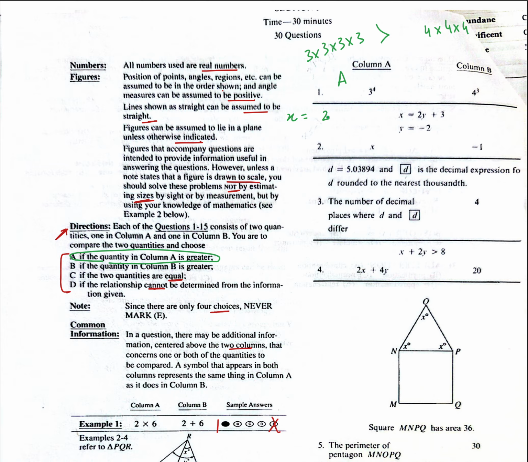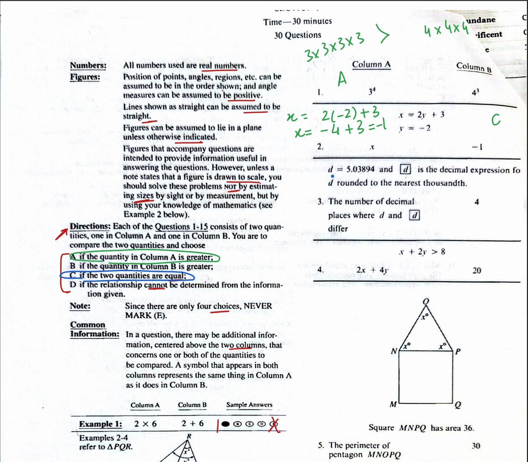So instead of y, I'll write -2: 2 times -2 is -4, plus 3, that would be -1. So x is -1, and so both the columns are exactly the same. I'll write C as the answer, because C represents that if the 2 quantities are equal, then we have to select C.